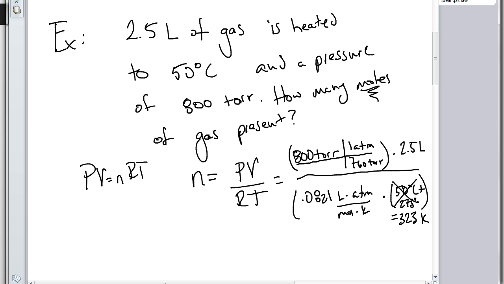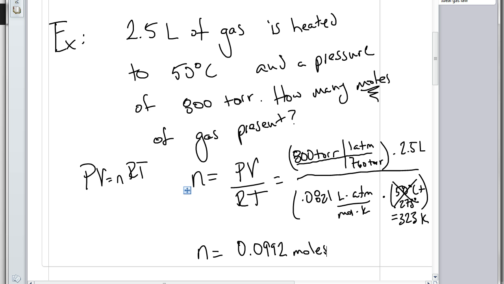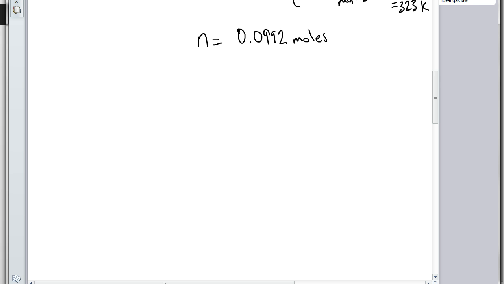So let's run this through our calculator and see what we come up with. When I run this through my calculator, I'm coming up with 0.0992 moles of gas. Not very many moles of gas.